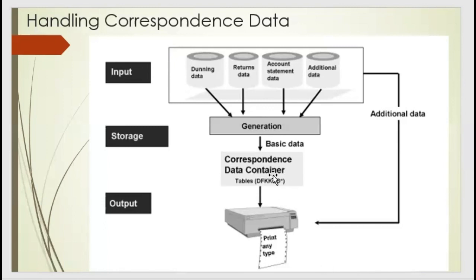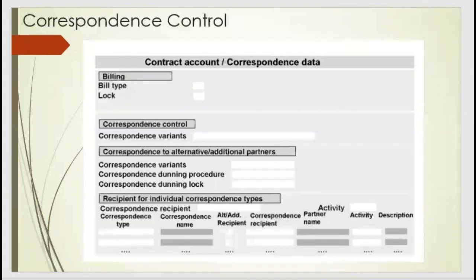Okay, so all this correspondence is stored in a table called DFKKCOH. CO stands for correspondence. Okay, so now correspondence control, as I mentioned, we need a list of the correspondence, and either we need to allocate some correspondence or we can lock them also. When we lock them, the correspondence will be stopped there.